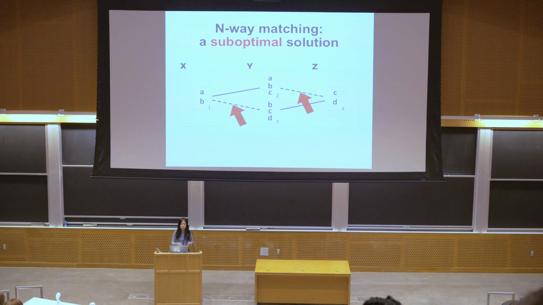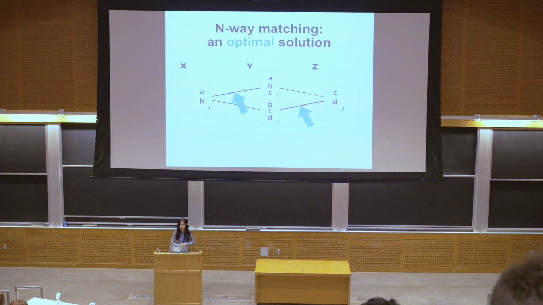So in this example, one way you can group these elements is to match the ones joined by the dotted lines. In this case, they share one attribute, and this happens to be a suboptimal solution because we can do slightly better. In the optimal solution, you would join the elements that are connected by the solid lines, and in this case, they share 2 attributes.